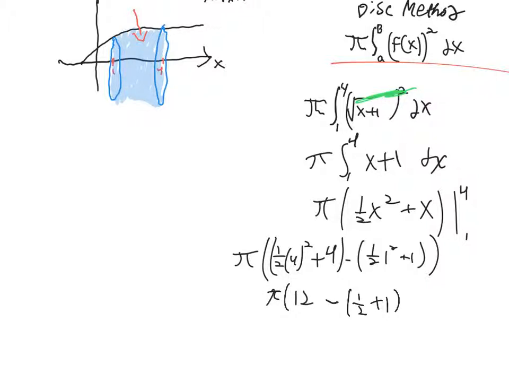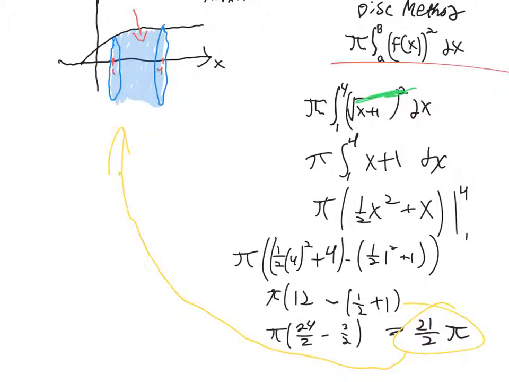And so 1/2 plus 1 is 3/2. 12 is 24 over 2, minus 3 over 2. And this will give you 21 over 2 pi. And this right here is the volume of this solid up here that we made.